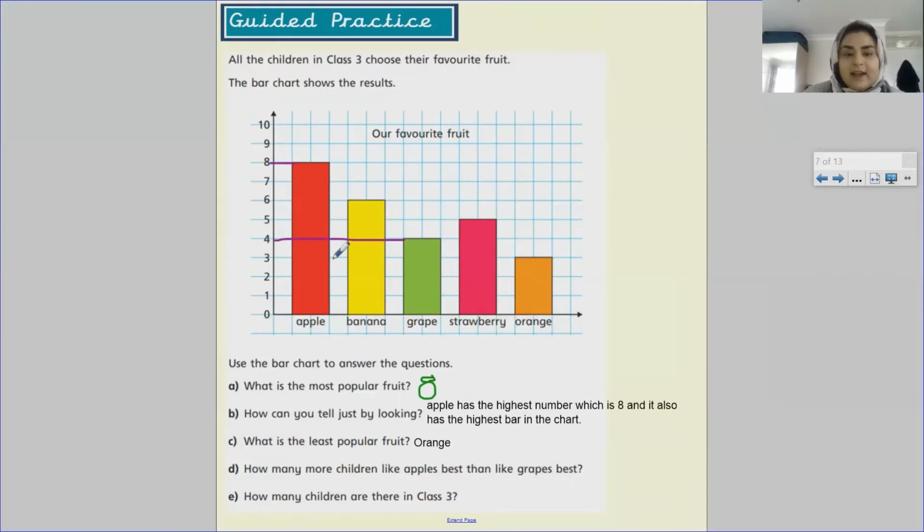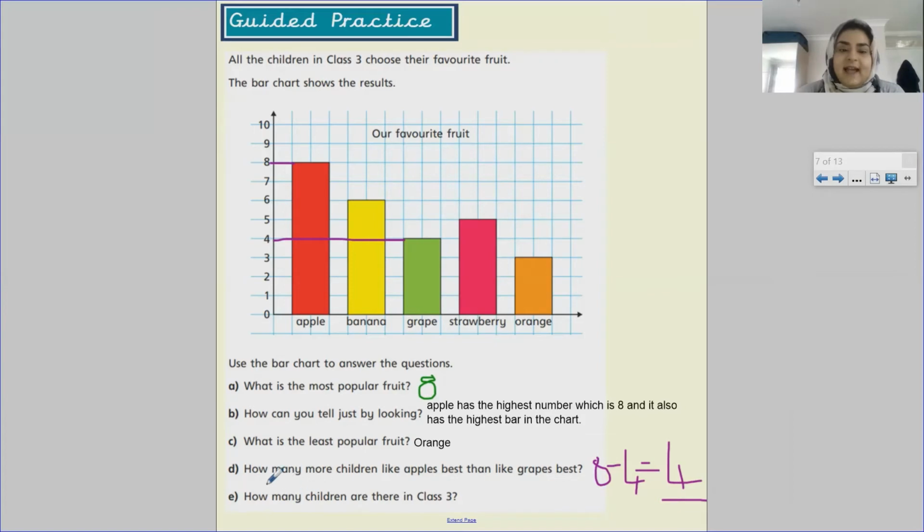So I need to work out the difference, and the only thing to do is to take away. So I'm going to do 8 take away 4, which is 4. So that means 4 more children like apples more than grapes.